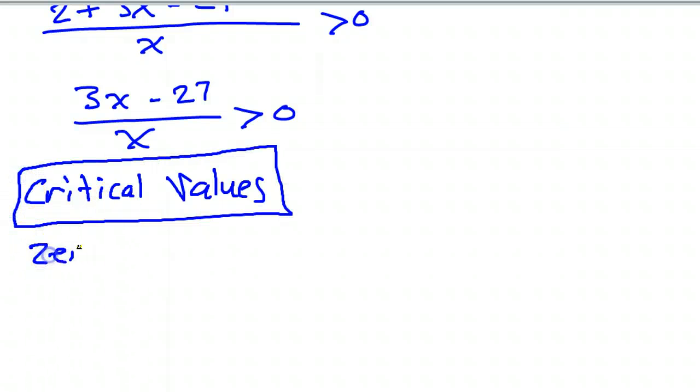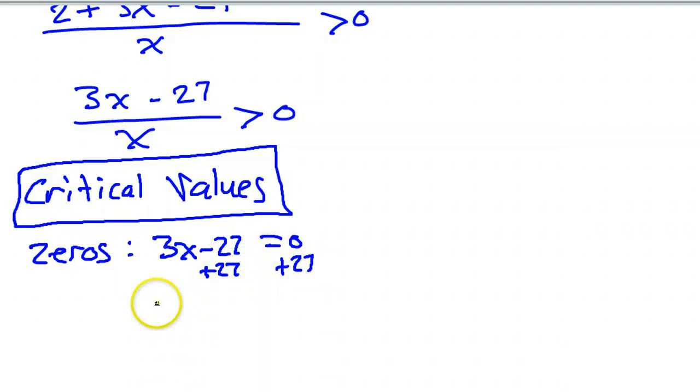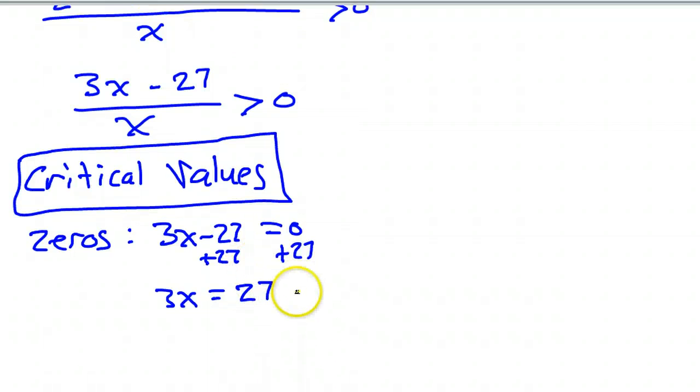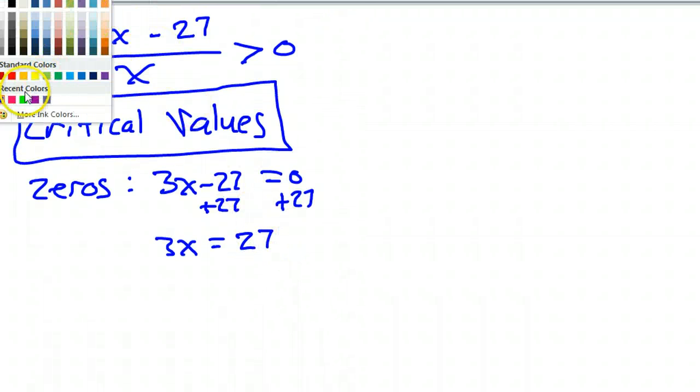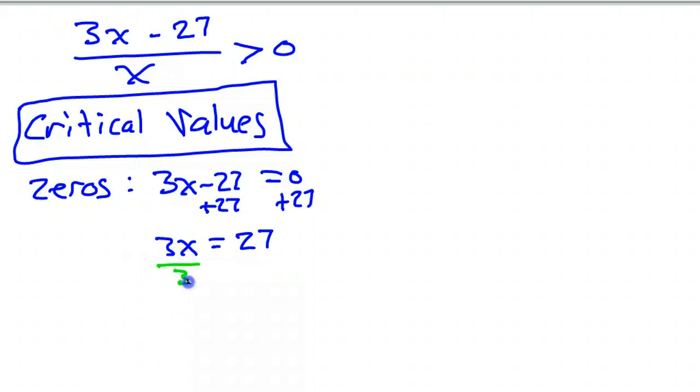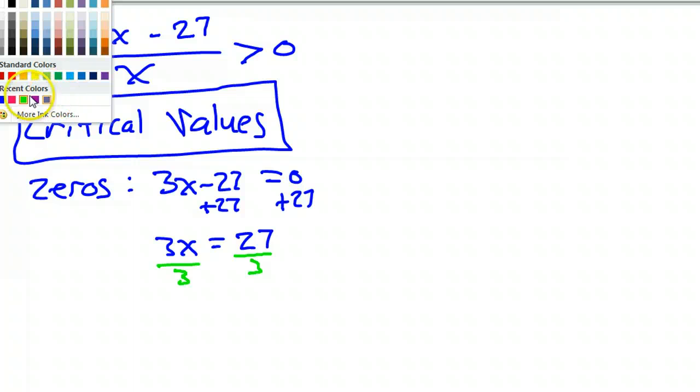So let's start with zeros. For the zeros, I will set this equal to 0. So adding 27 to both sides, I get 3x is equal to 27. And I divide by 3, and I get x is equal to 9.